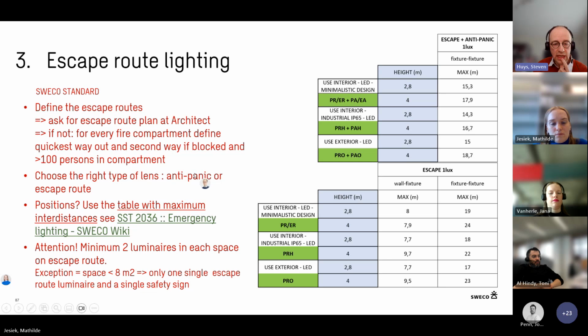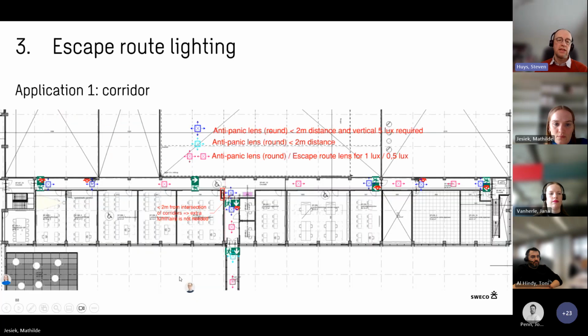If you have a wider space, it's better to use the anti-panic one. And always make sure, now with the new update of the standard, that you have 2 luminaires in each space on the escape route, with the exception that if it's less than 8 square meters, you can have one escape route luminaire and one safety sign.